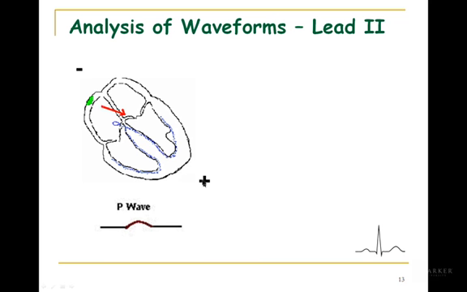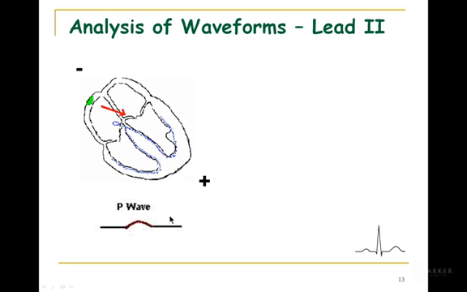This is where we place the recording electrodes for standard limb lead 2. You'll notice the P wave is upwards deflected because the arrow is pointing towards the positive recording electrode. The P wave's not so big because there's not a lot of muscle mass involved. I mean, the vector is running pretty close to parallel.